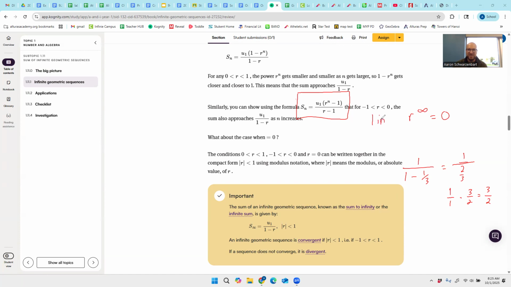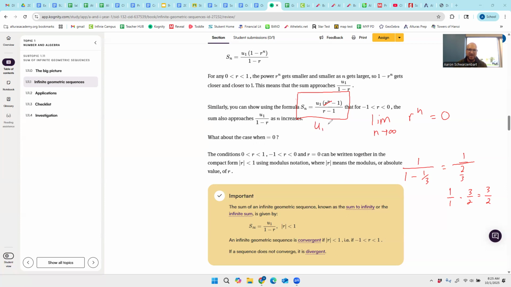Or I should say, using better notation, as n goes to infinity of r to the n, it just goes to 0, so that becomes effectively 1.